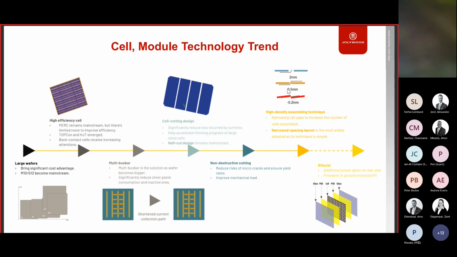It will improve the module efficiency, and it can also decrease the module area if the space between 2 cells is smaller. For utility scale projects, bifacial modules are very hot, and more than 60% of utility projects will choose bifacial modules.